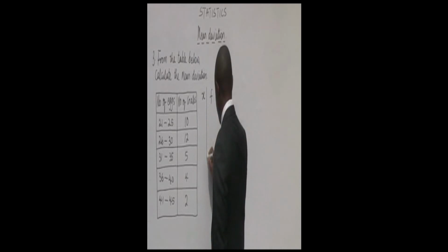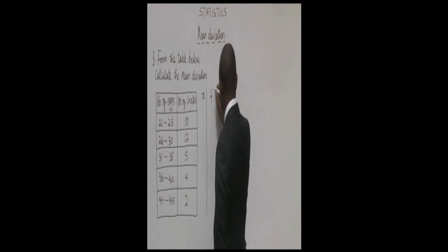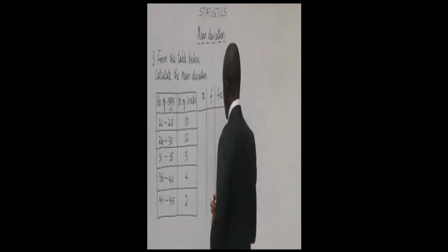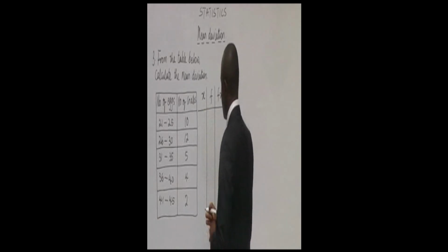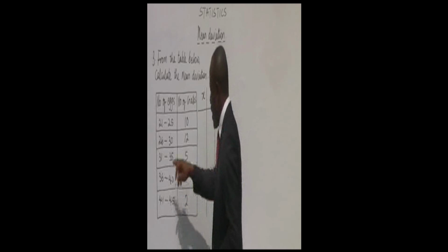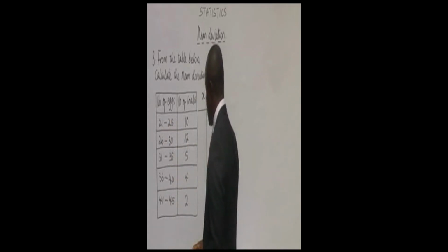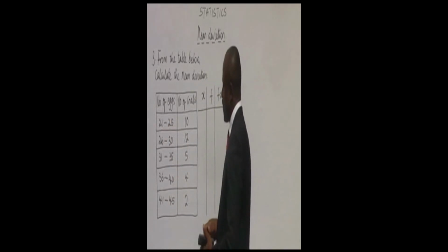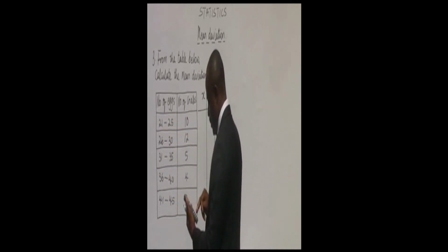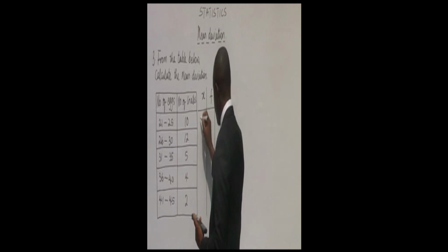So let's divide this into a tabular form. The x is going to be the midway of the class intervals. And how do you get them? 21 plus 25 divided by 2. In the first, you have 23.